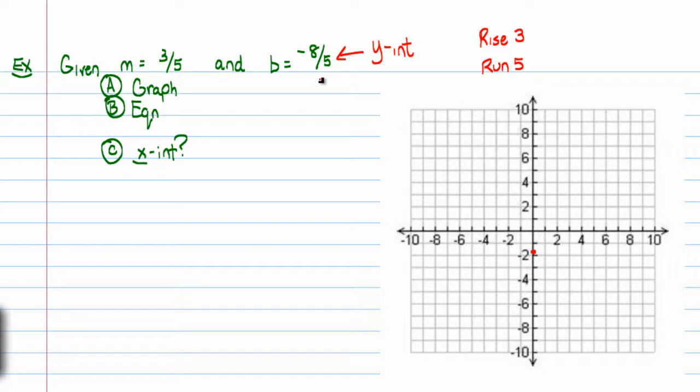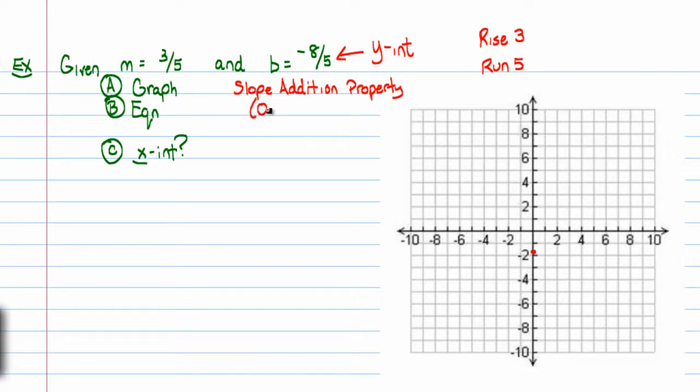So I'm going to use the slope addition property, which, recall, says that if I increase the x value by 1, and right now we're standing at x equals 0, y equals -8/5, then the y value will change by the slope.